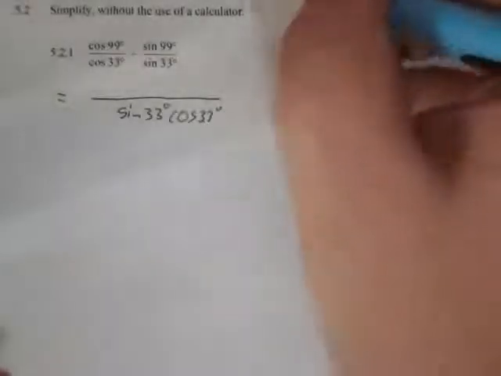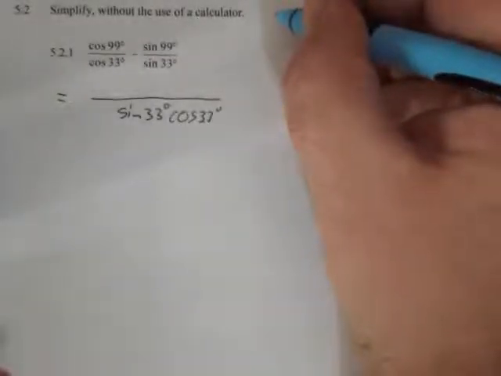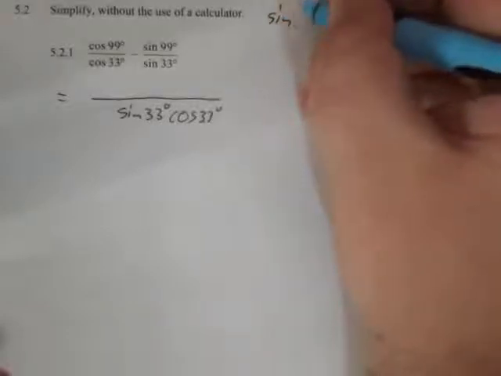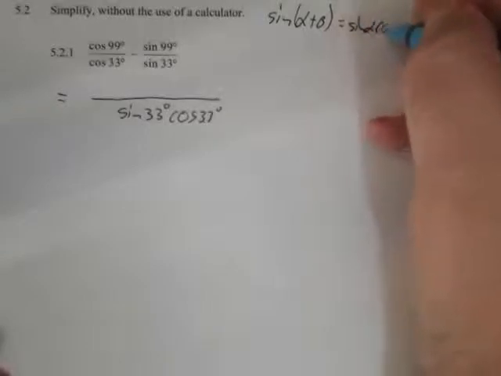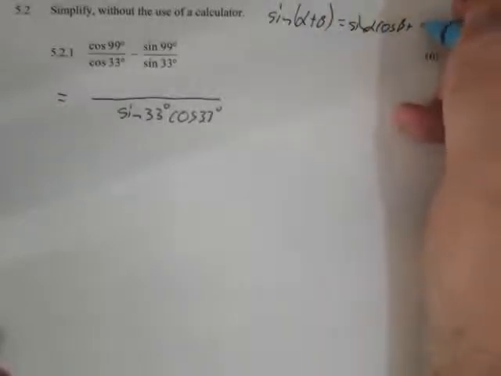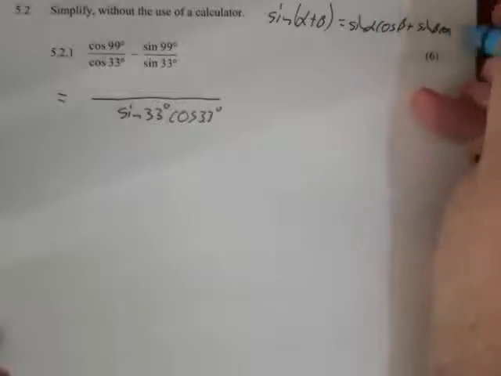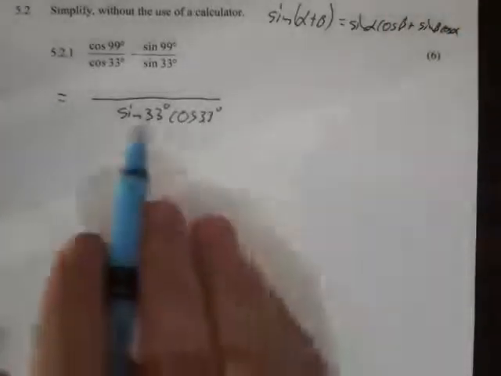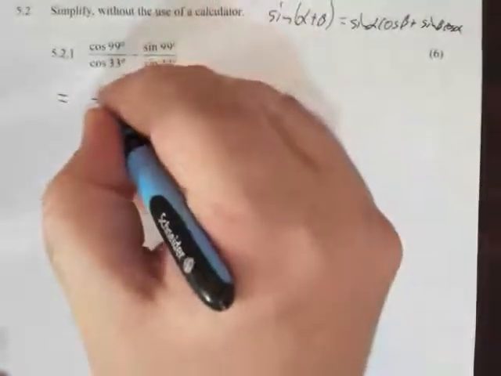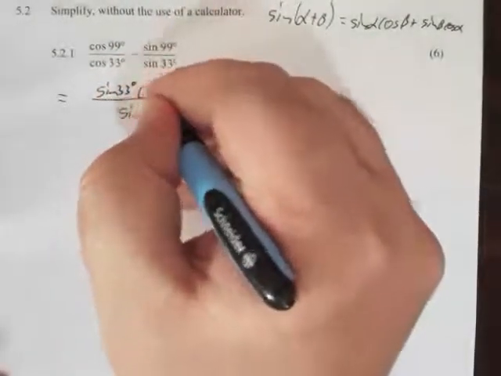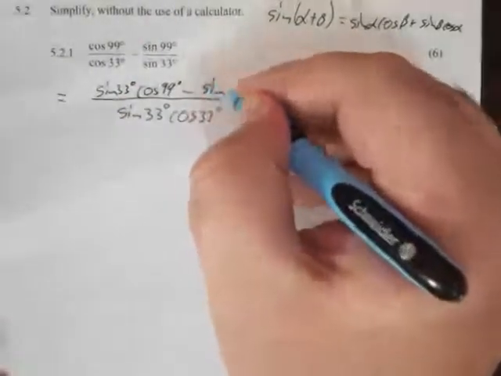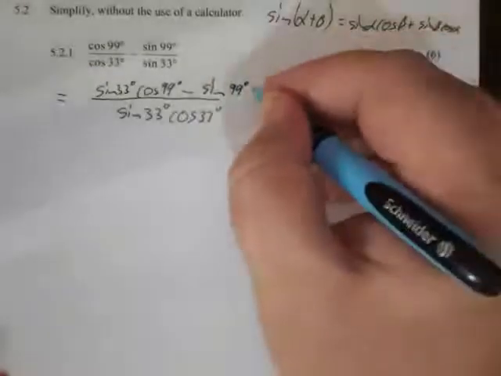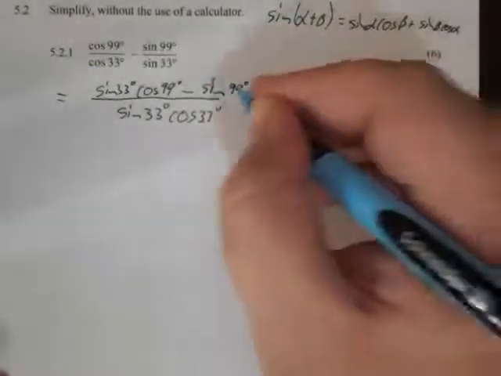One reason is if we look at our compound angles, so sine of alpha plus beta, that's equal to sine alpha cos beta plus sine beta cos alpha. So I like to write it first, and then that will become sine of 33 degrees cos of 99 degrees minus sine of 99 degrees cos of 33 degrees.